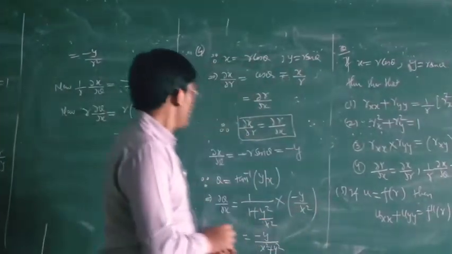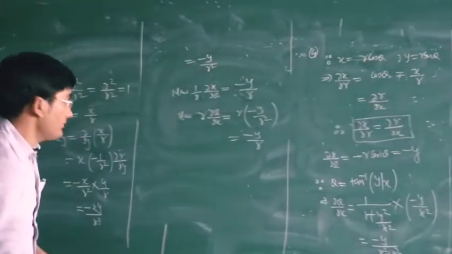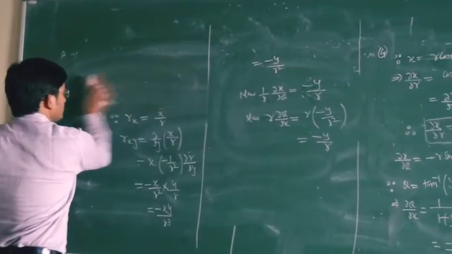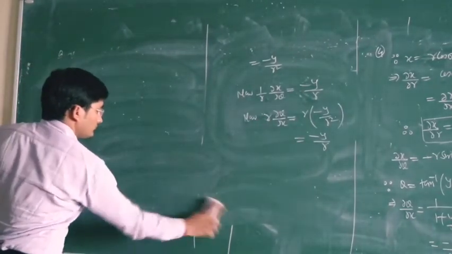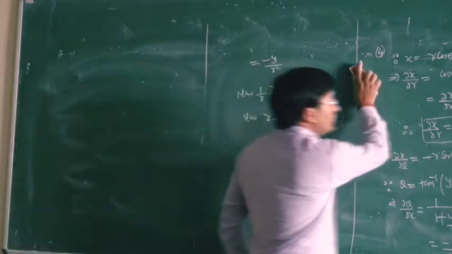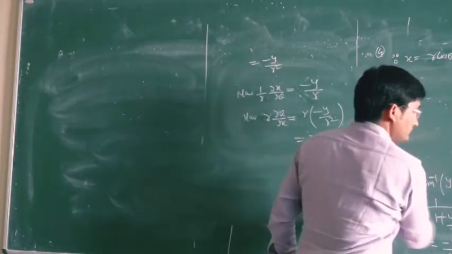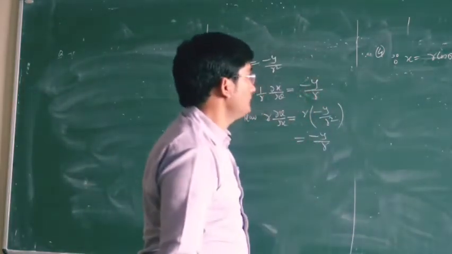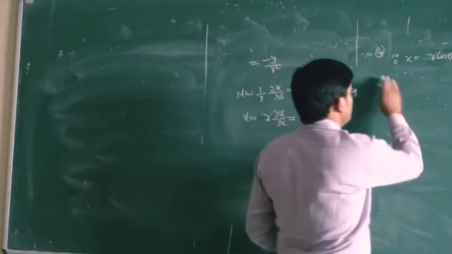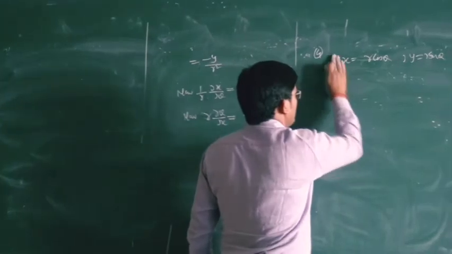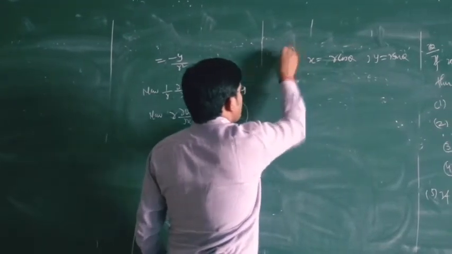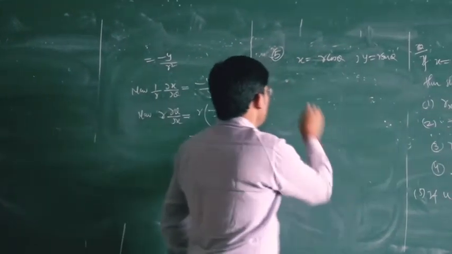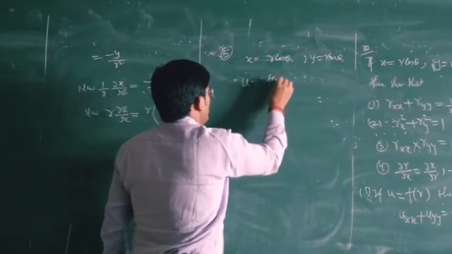Now the last part of this lecture. Now for the fifth part, again our x is r cos theta and y is r sin theta, and it is given that u is a function of r.